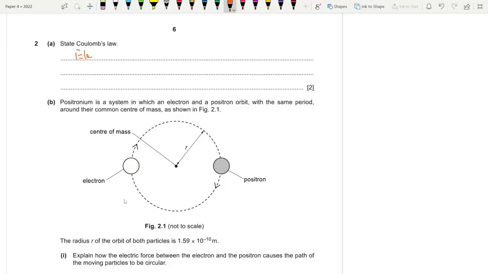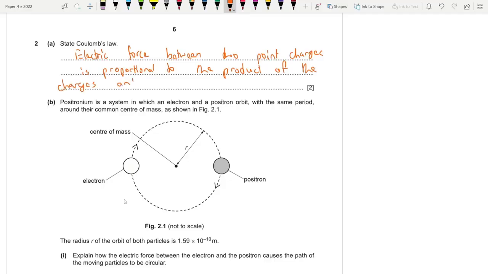So Coulomb's law states that the electric force between two point charges is proportional to the product of the charges, and the force is inversely proportional to the square of their separation.